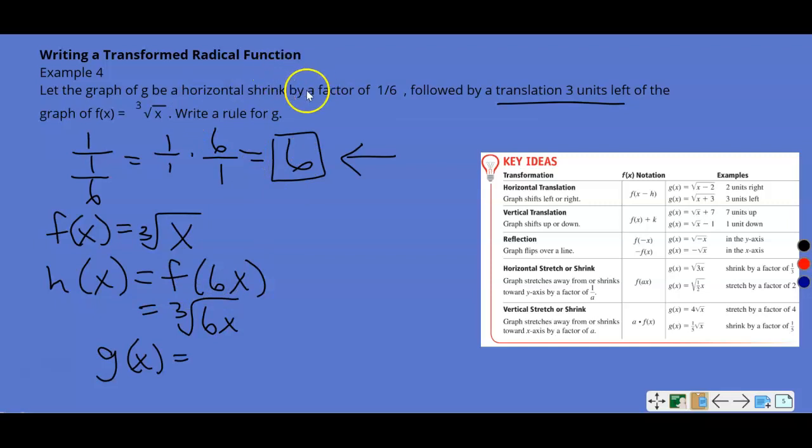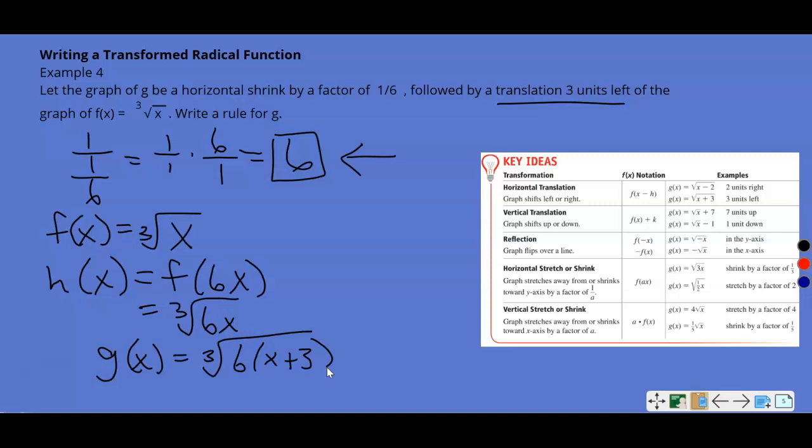And then we're going to take this new function, the cube root of 6x with the horizontal shrink, and now we're going to apply the translation 3 units left to that. So we're going to have cube root, and we've got 6 times (x + 3), because 3 units left again is +3.